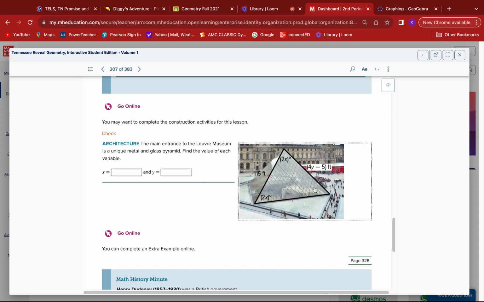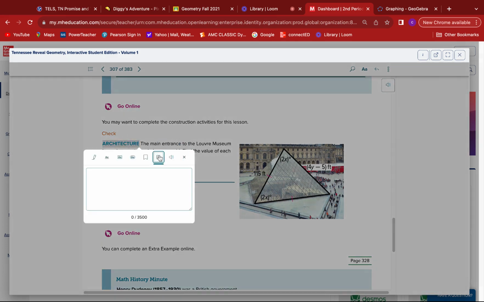And since 3 angles of a triangle add up to be 180 degrees, I'm going to do 2x plus 2x plus 2x equals 180. Like terms, 2x plus 2x plus 2x is 6x equals 180. 2 plus 2 plus 2 is 6. The opposite of multiplying by 6 is divide by 6. And that's going to give me 30. X is 30.